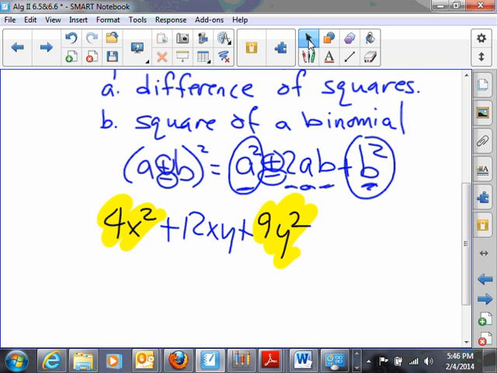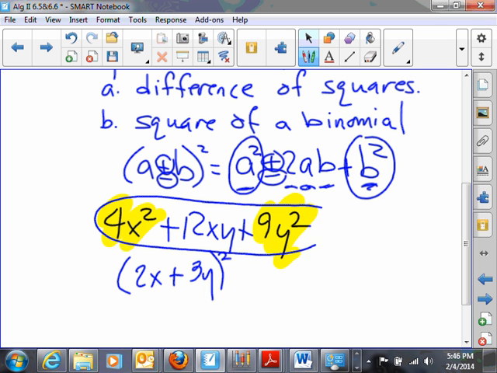So now, since it is, you can simply say that's going to be a, 2x, plus the sign of the middle term, b, 3y, quantity squared. And you have factored this quadratic trinomial using the square of a binomial pattern. So that's another pattern to remember and to watch for, but you do have to check to make sure the middle term works before you actually use this pattern.